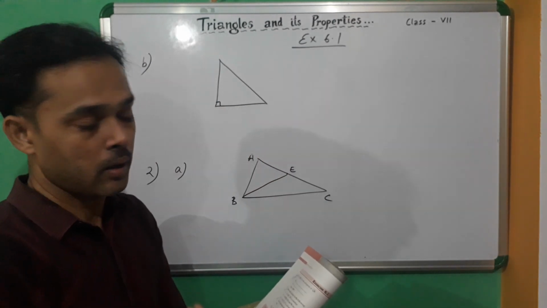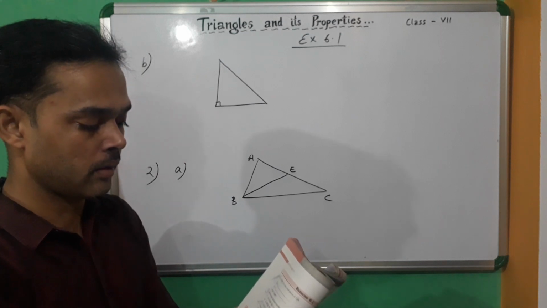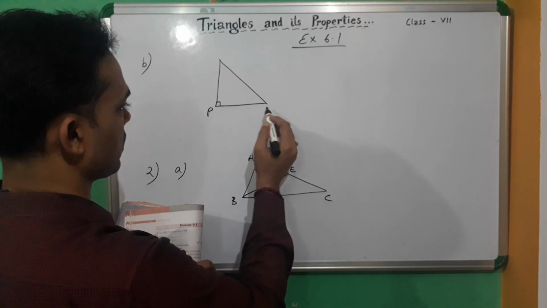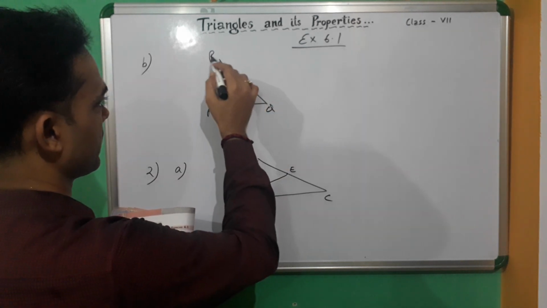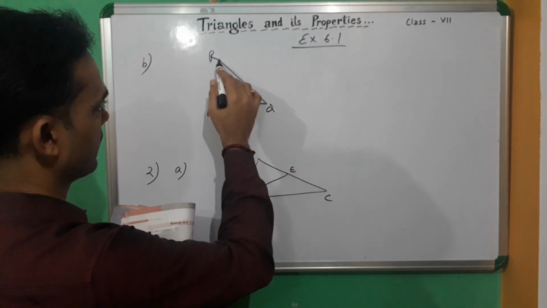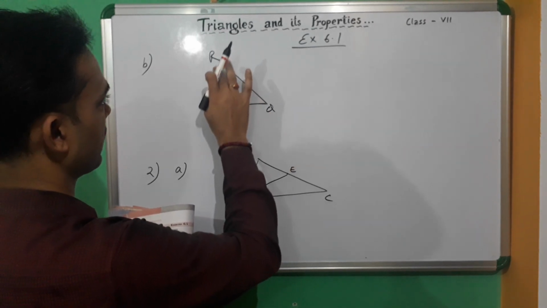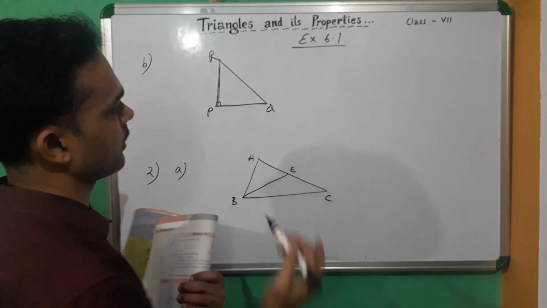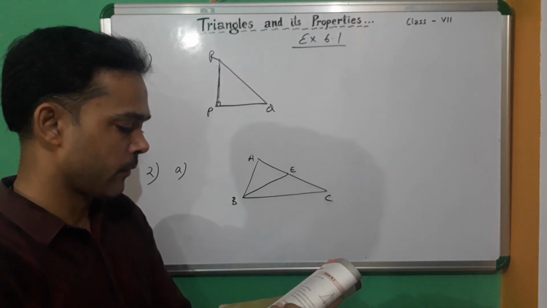This is PQR. But where to take this vertex P? If this will be P, this will be Q, this will be R, where PQ is an altitude and PR is an altitude. Okay. So in this way, this will be your figure.